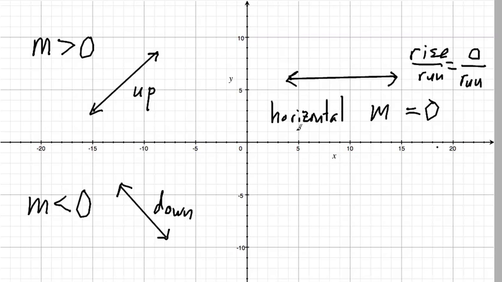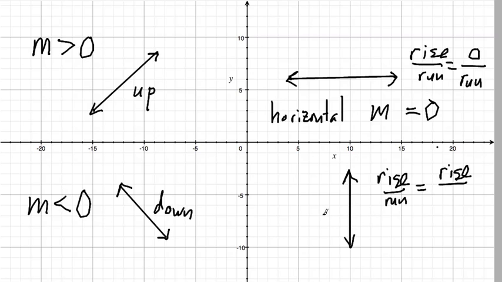How about a vertical line? Well, here's a vertical line, and let's think about what its rise over run is. If I take two different points here, the rise is going to be some number. I can start down here and move up here. I've actually moved some actual distance.